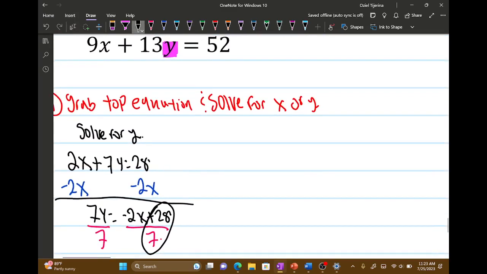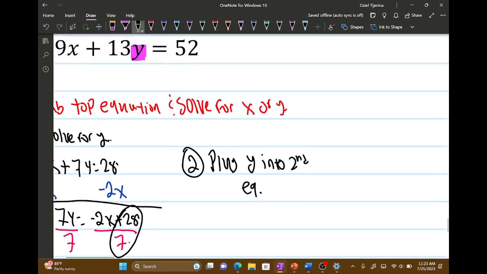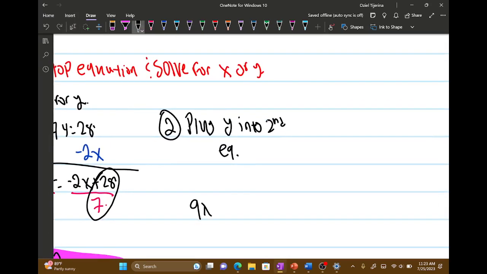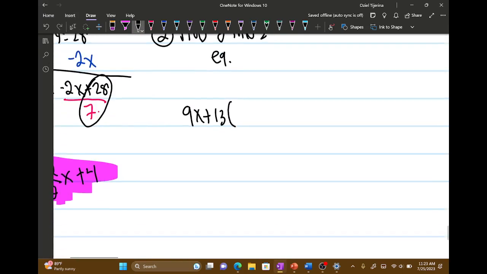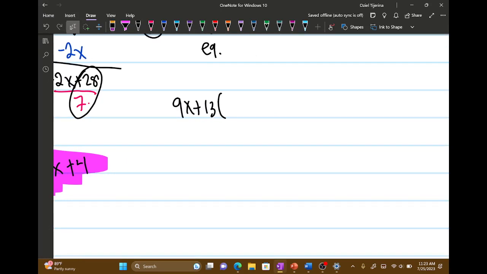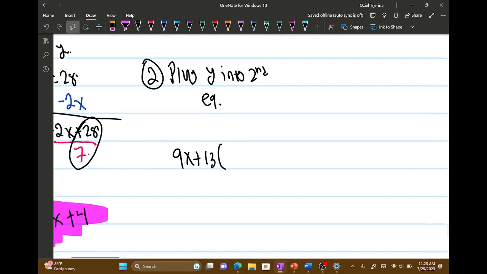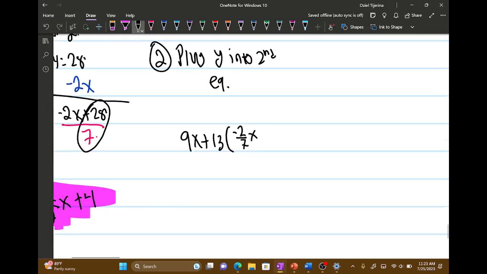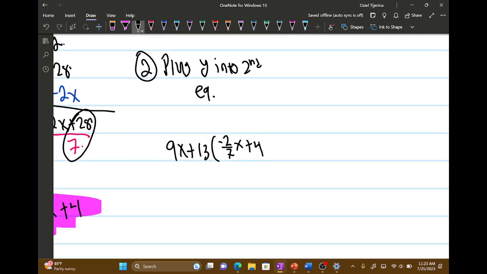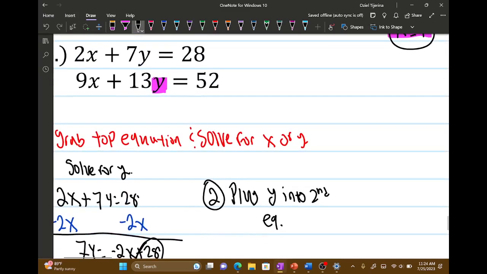Our next step is to plug y into the second equation. So we have 9x plus 13 times the quantity negative 2/7 x plus 4 is equal to 52.